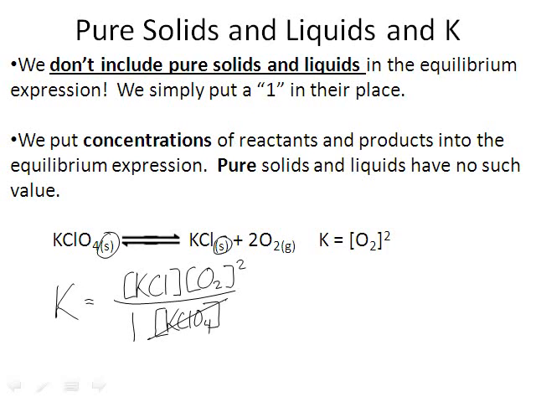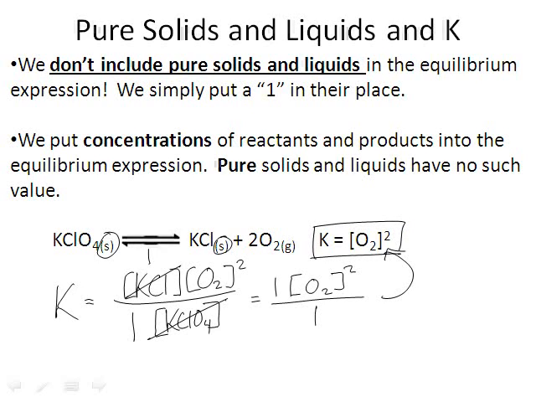I have a solid with my KCl, so I'm just going to put a 1. It ends up being 1 times O2 squared over 1, which when reduced is just K equals O2 squared. So, when writing a K expression, make sure to leave out pure solids and pure liquids.